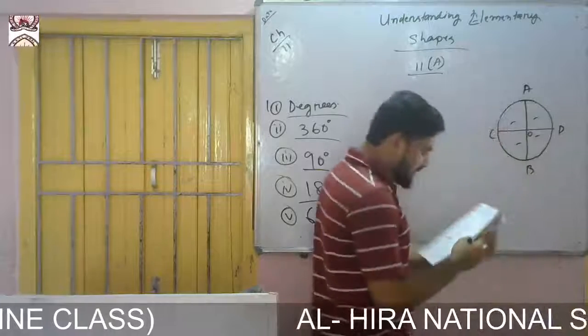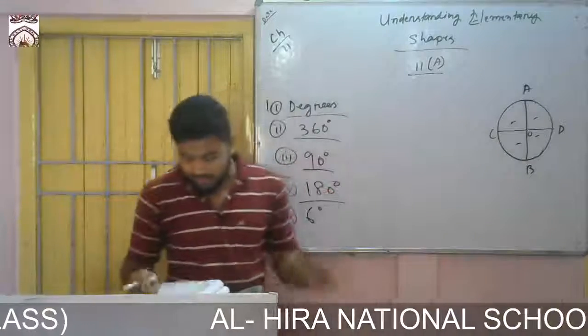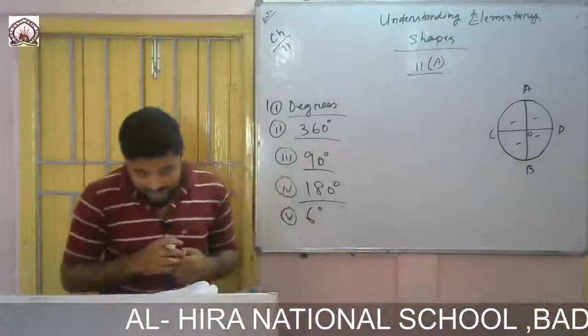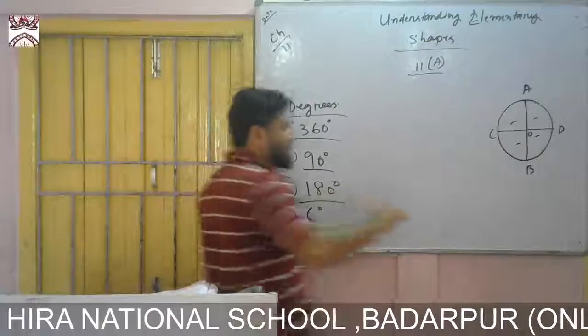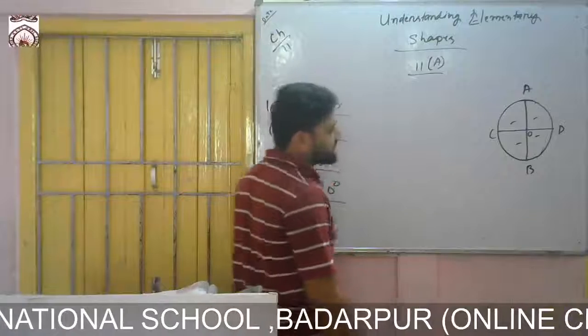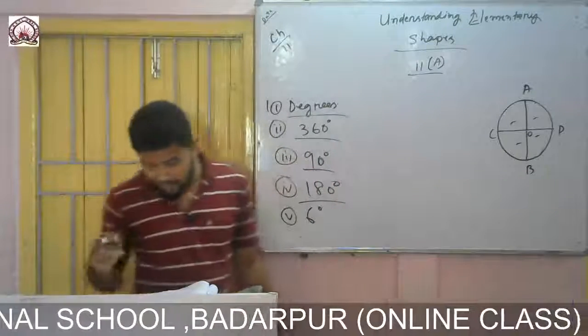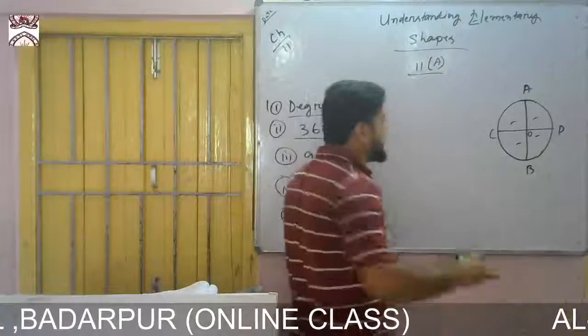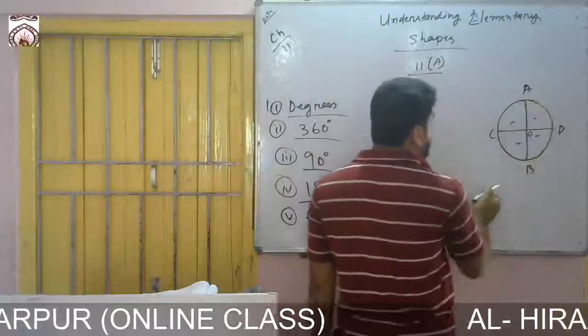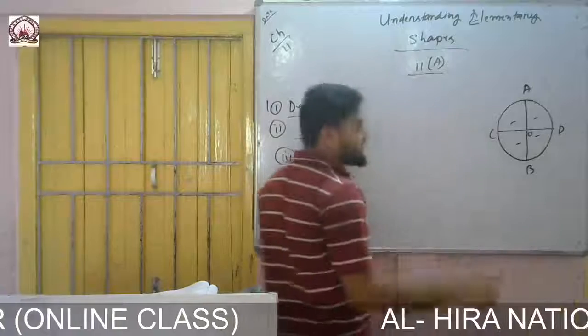Now the question is asked: how many times is the angle AOB of angle AOC? In AOB angle, AOC is how many times?